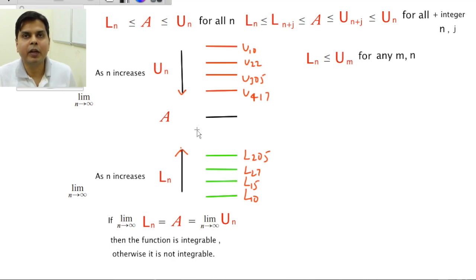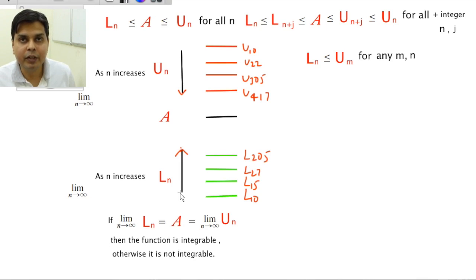So this is the whole idea of the definite integral: if you have a function such that these Ln's tend to a, these Un's tend to a, and both are equal, then I will say that the function is integrable. Otherwise the function is not integrable.